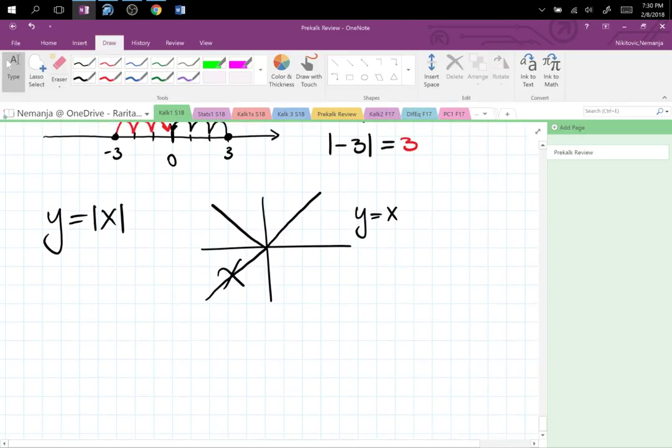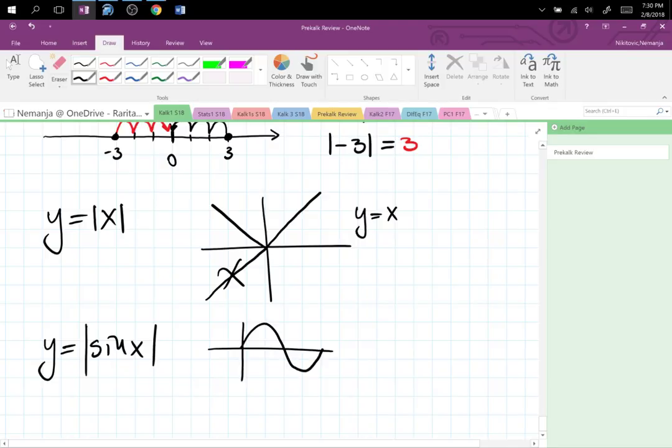But we're not considering only that case. Y equals sine x, absolute value. What's that going to be? What's the graph of the absolute value of sine of x now?